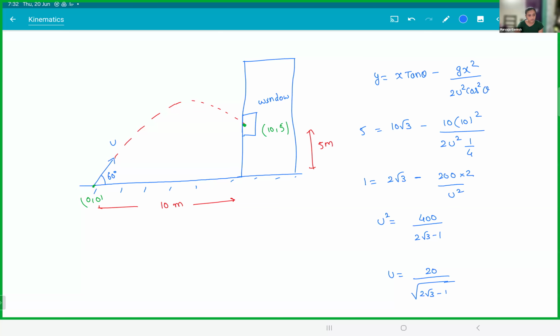So the range will be u cos theta into time of flight, which is u cos theta into u sine theta by g root 2. So this will be u square, multiply and divide by 2. This will become u square sine 2 theta by 2 root 2 into g, which is r by 2 root 2. That's your answer.